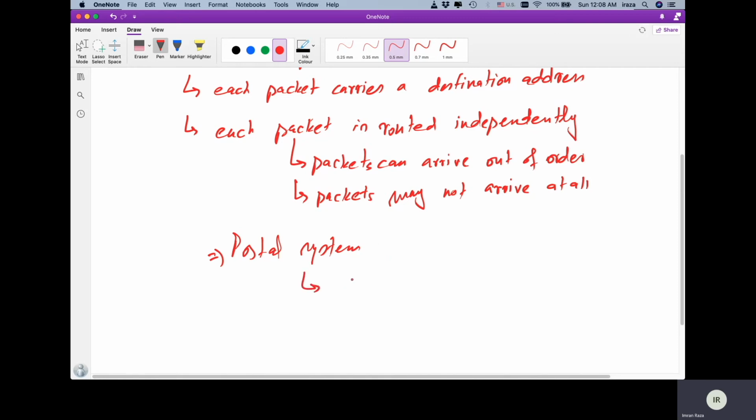Yes, the content you want to send must be put into an envelope.